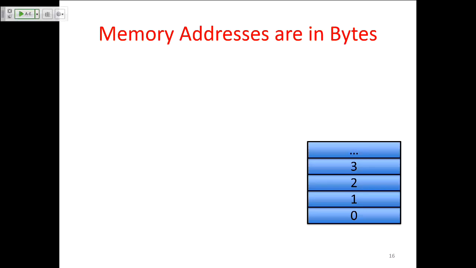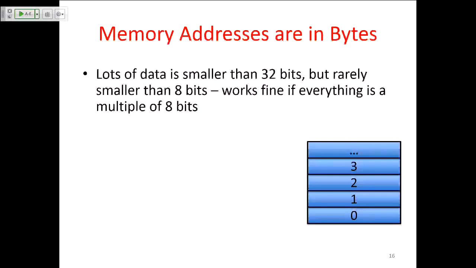In memory, you hear things like, my laptop has 8 gigabytes of memory, or my phone has 16 or 10. A byte is a chunk of information. In these cases, we refer to it as an 8-bit chunk. 32 bits for a lot of things is just too much data. If I work on characters, I'm not going to want 32 bits.